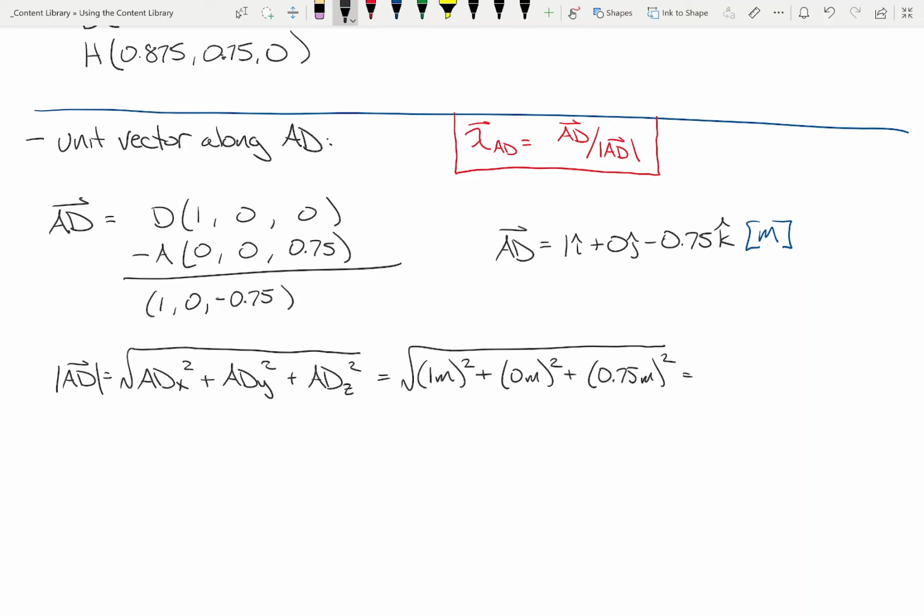This is really just a 3, 4, 5 triangle, just sort of hidden in 3D, I guess.